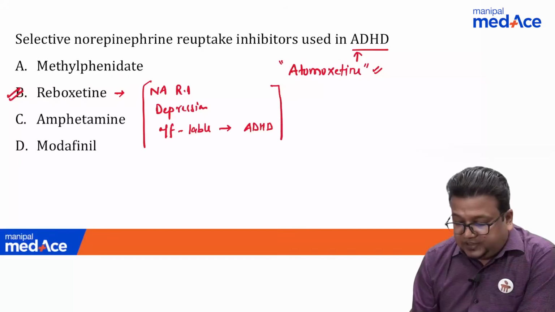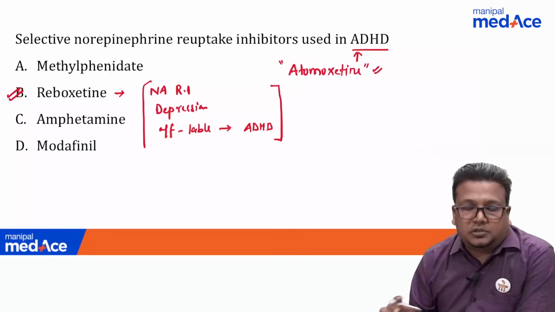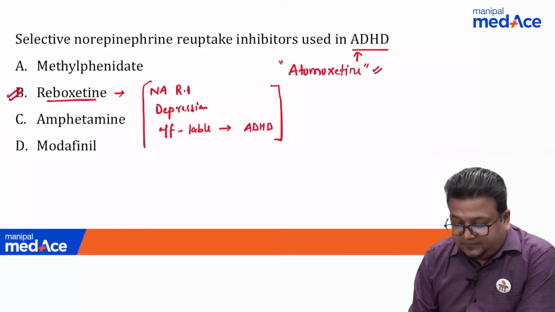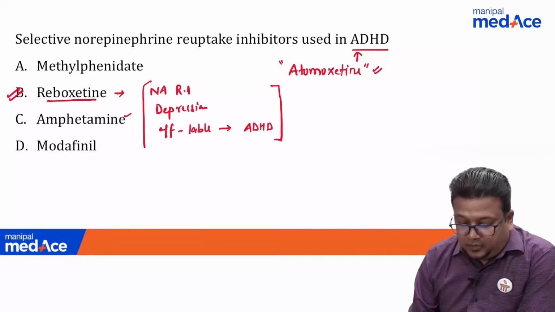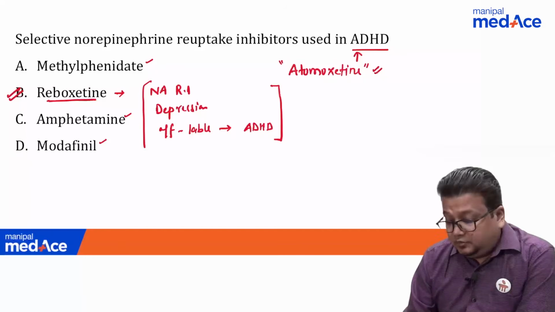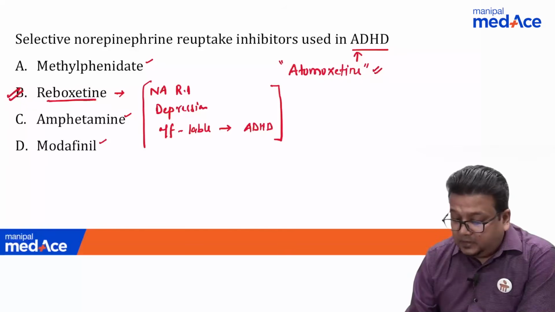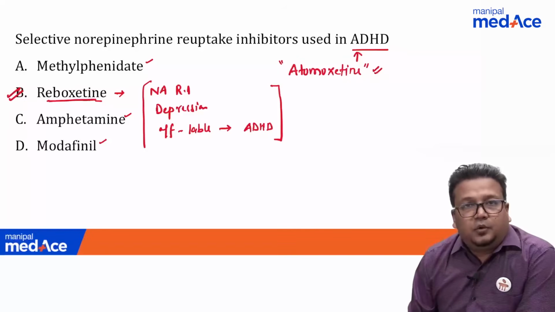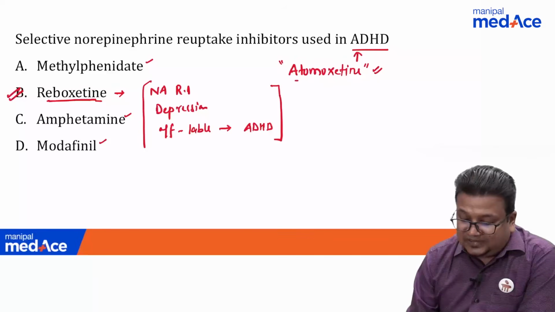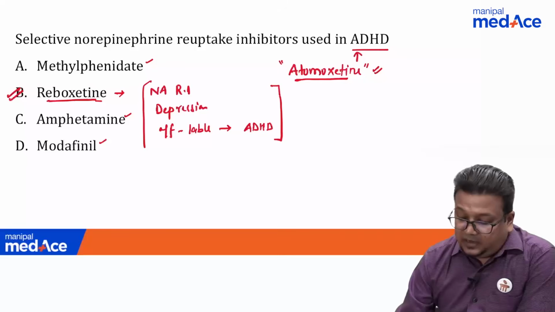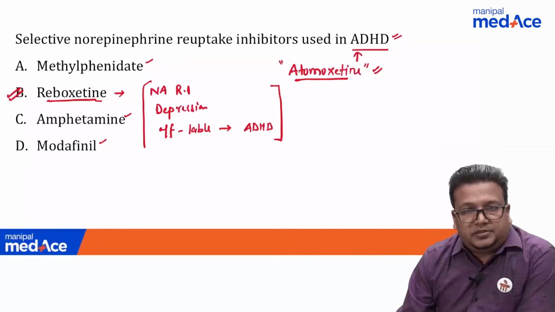So if atomoxetine was not given, then reboxetine is the best answer out of the given, because amphetamines are non-specific drugs, modafinil is used mainly in narcolepsy, and methylphenidate is again mainly used in ADHD, but again it's non-specific and not exactly a reuptake inhibitor. So out of the given, reboxetine would be the best answer, but please remember it is actually atomoxetine, which is a selective NA reuptake inhibitor and predominantly used for ADHD.